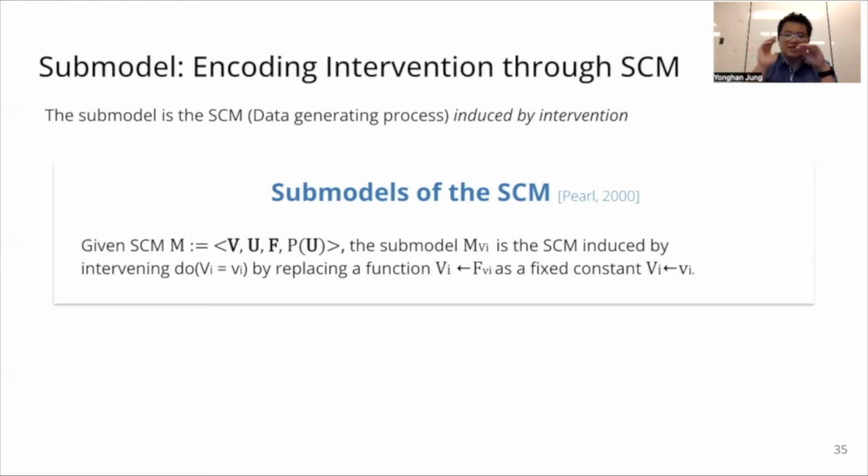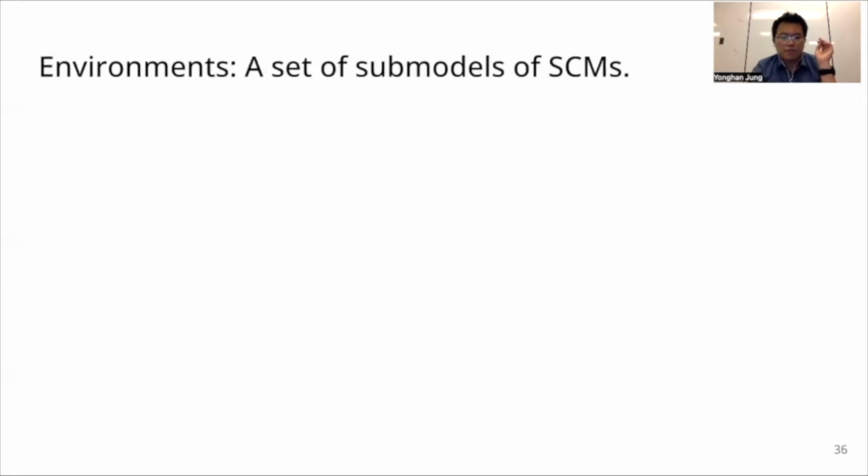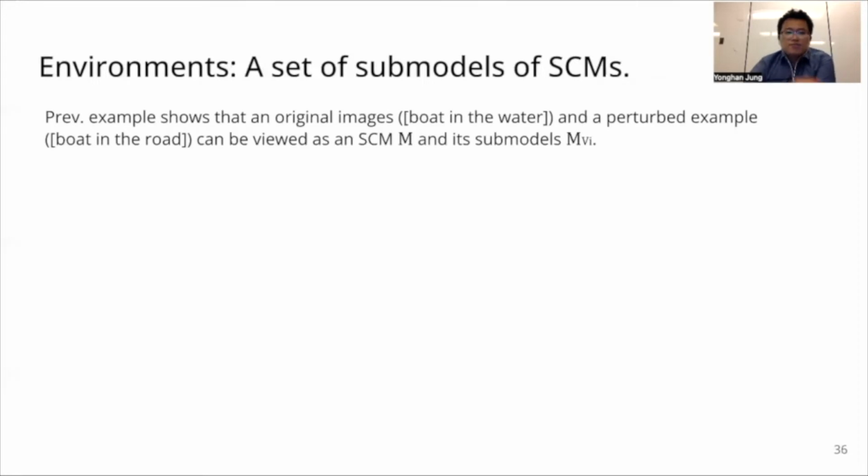Roughly speaking, in the data generating process, it just fixes V_i as a constant small v_i. And we define the environment as a set of structural causal models and the Sum models.